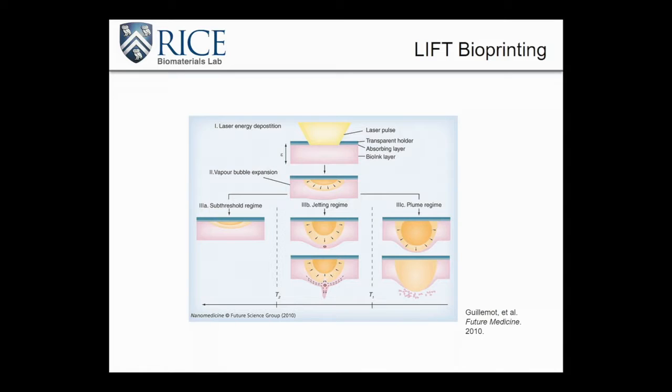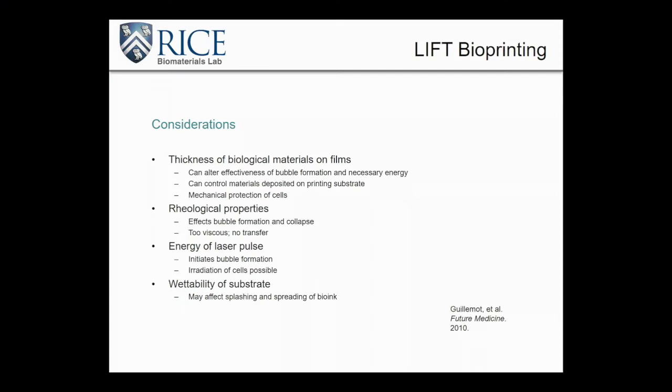So it takes a little bit of fine tuning in order to apply the right energy, ensuring that you have the right thickness of your bioink, and the material is carefully selected for, so you get an actual jet that'll give you your highest resolution possibility. With that in mind, it's extremely important to consider a couple factors, because this is a really delicate process, and you really need to consider the thickness of the biological materials on the films.